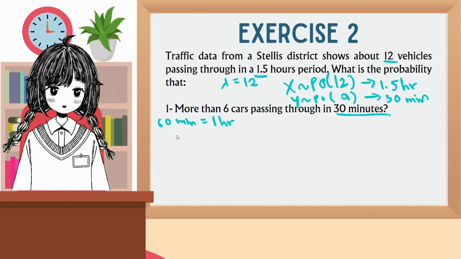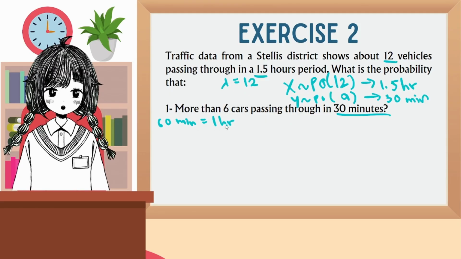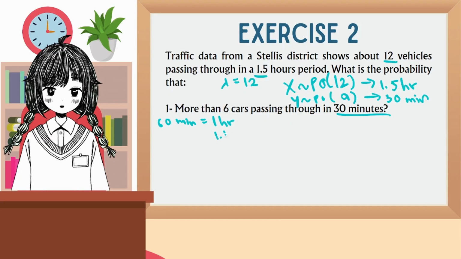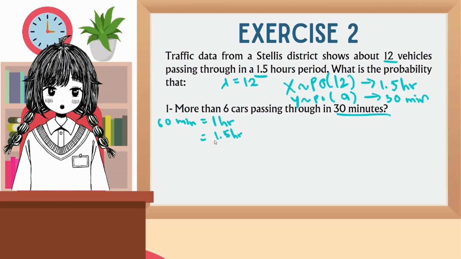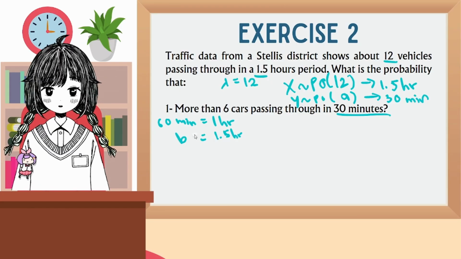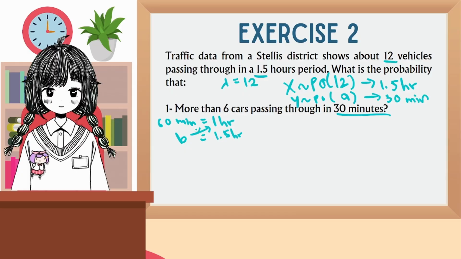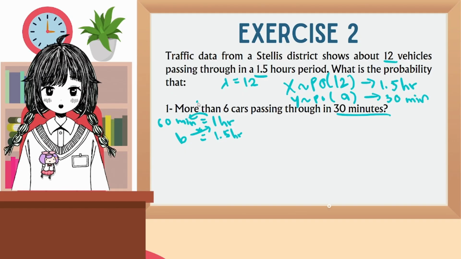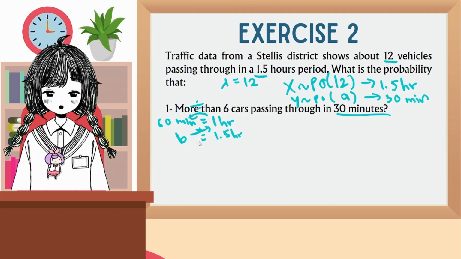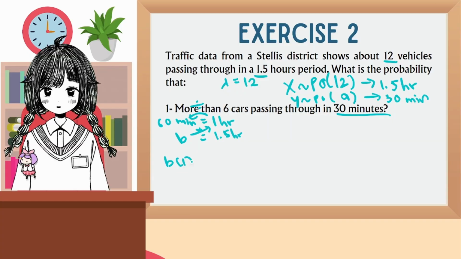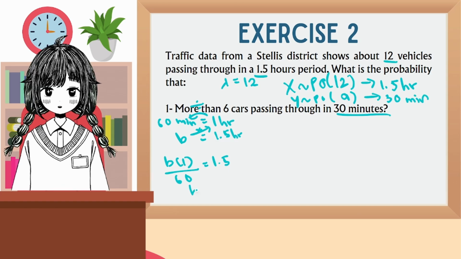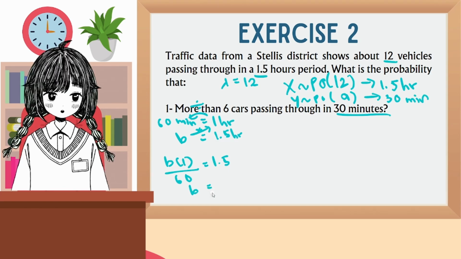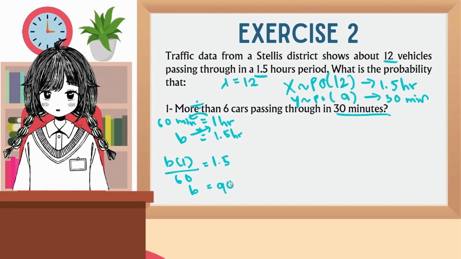So what minute will it be for the 1.5 hours? We can use the same method and put in B here. So we multiply here and divide by 60. It will look like this, equals 1.5. So B equals 90 minutes.